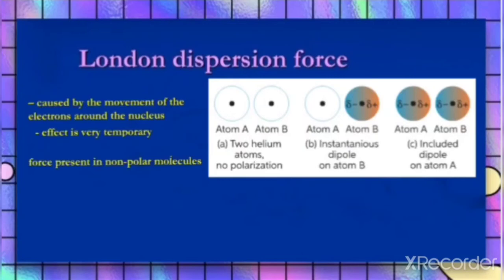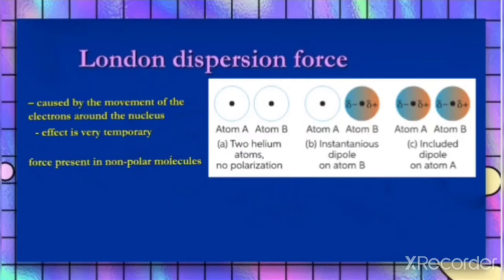So we can say that it is caused by the movement of electrons around the nucleus. Because of this, the dipoles are developed for an instant, that is called an instantaneous dipole, and because of this instantaneous dipole, the neighboring atom develops an instantaneous induced dipole.